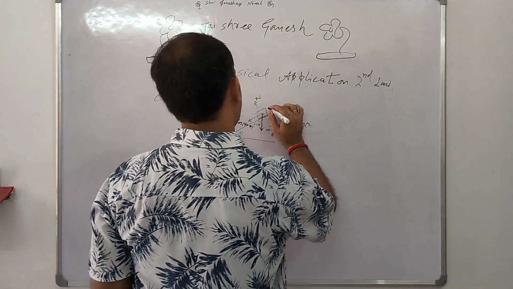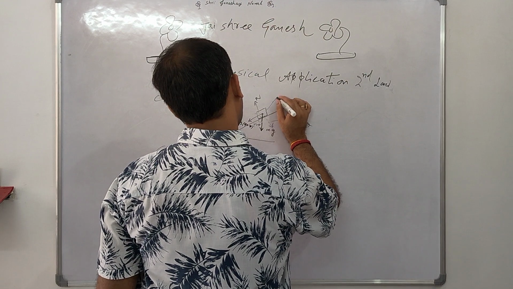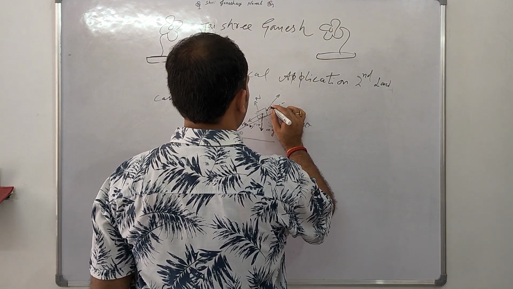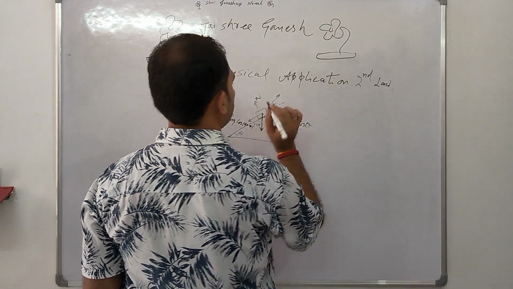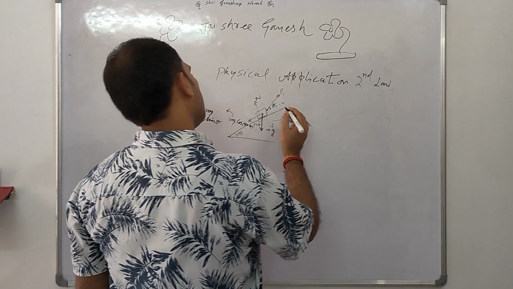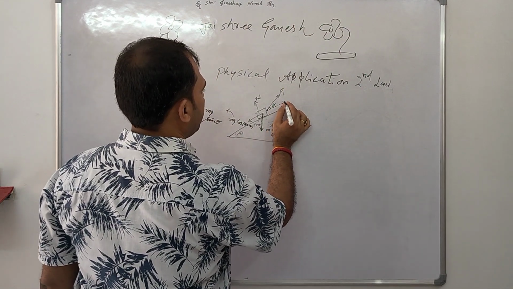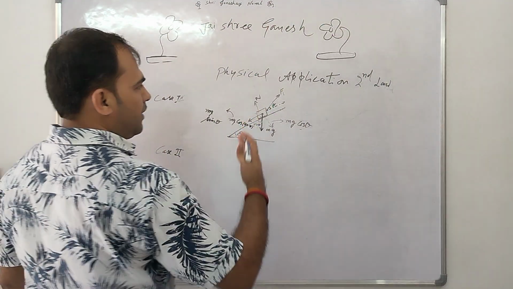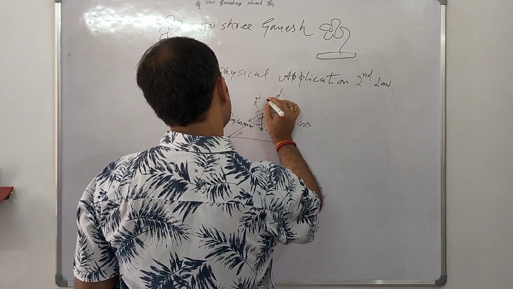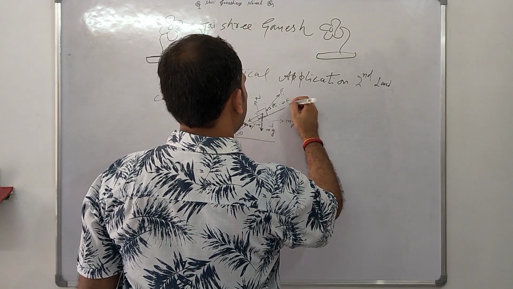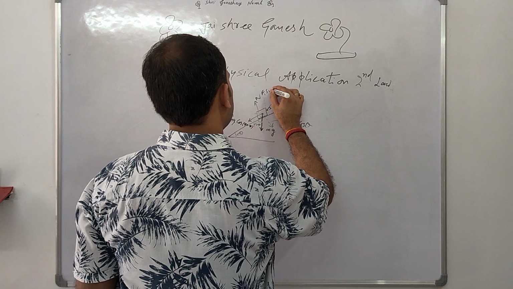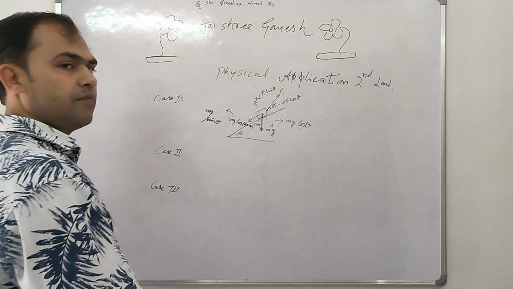If force F1 is applied at angle theta to the inclined plane, this is F1. So its component along the plane and perpendicular to the plane will be F1 cos theta and F1 sin theta. Got it?